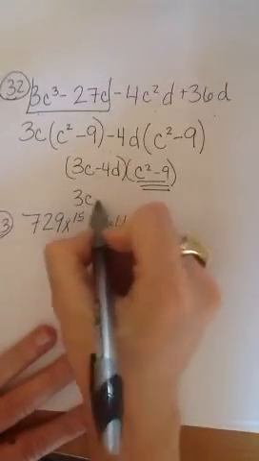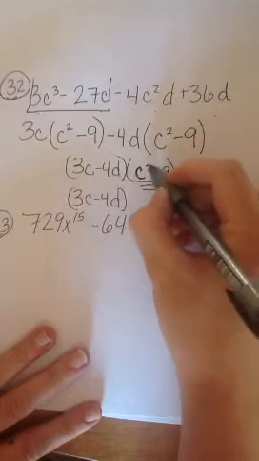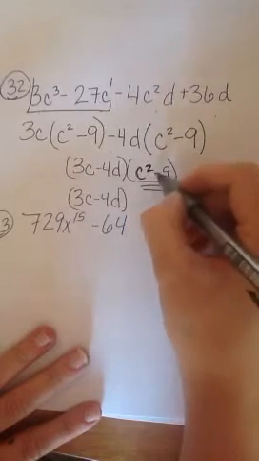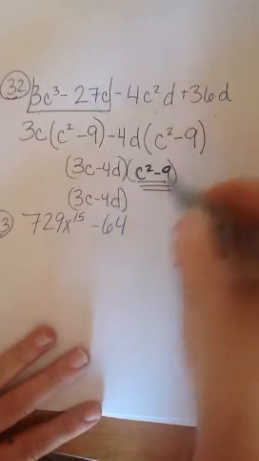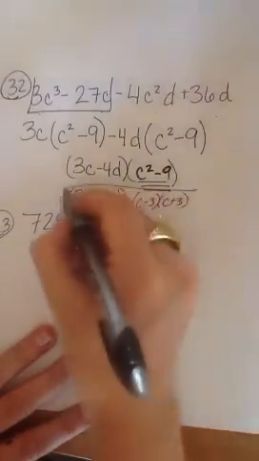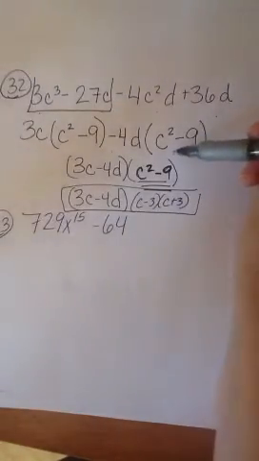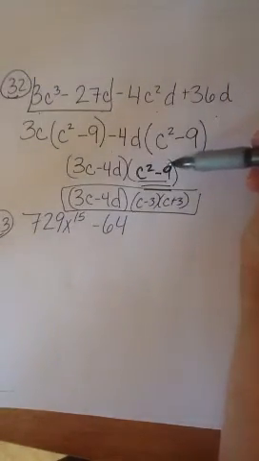So 3c minus 4d, I'm done. I'm good. C squared, perfect square, minus sign. 9, perfect square. C minus 3, C plus 3. You have to have a perfect square number, a perfect square variable, and a negative in order to do perfect squares.